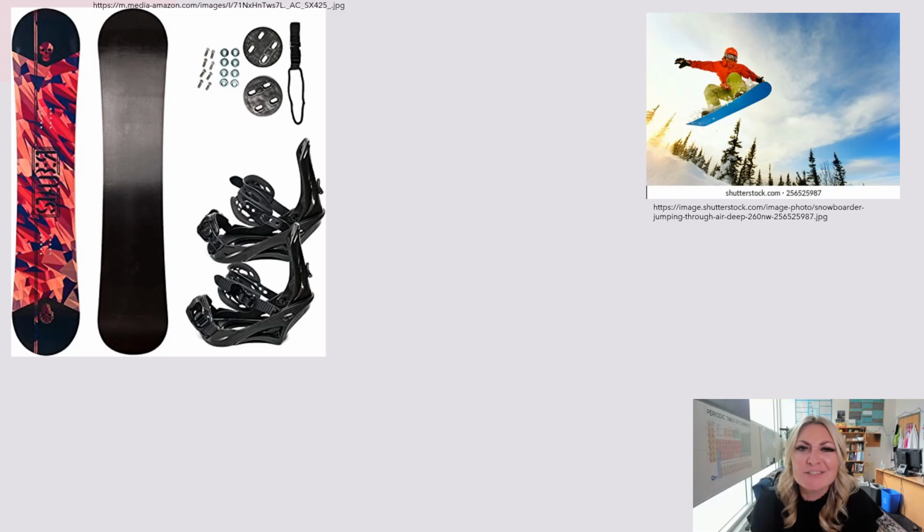All right, let's use snowboarding as an example. For those of you who aren't familiar with snowboarding, this is not the same setup every single person has, but we're going to use this board and binding set as our setup for this example. If I were to ask you what are the parts we need to make a snowboard, you would probably tell me we need one board.